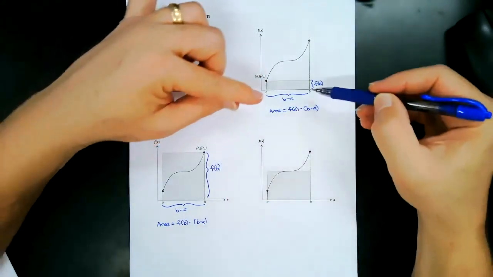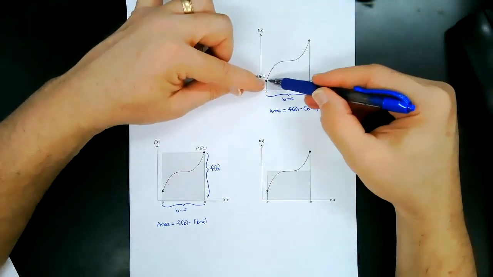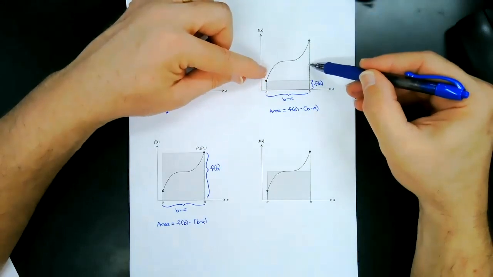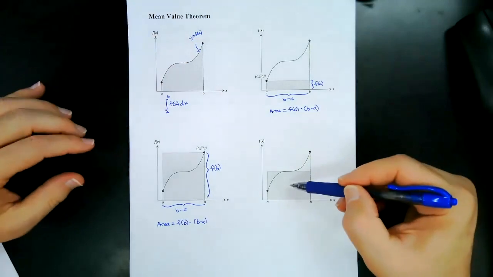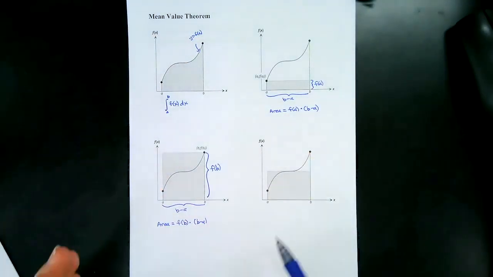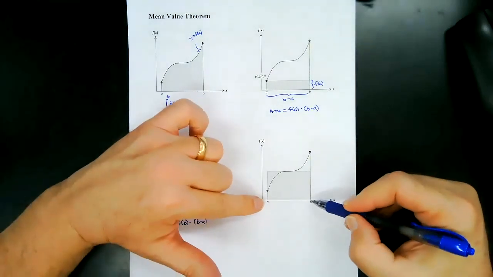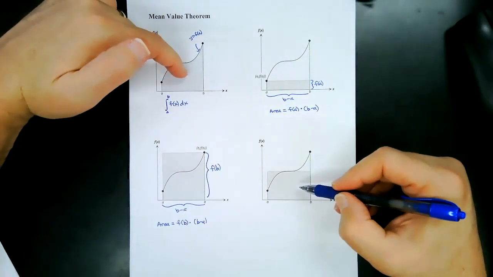So what has to happen is I can bring this height up until I reach the same area as this one. That's what this represents. I'm still going between A and B, but I'm going to stop once this area reaches the same area as this one.